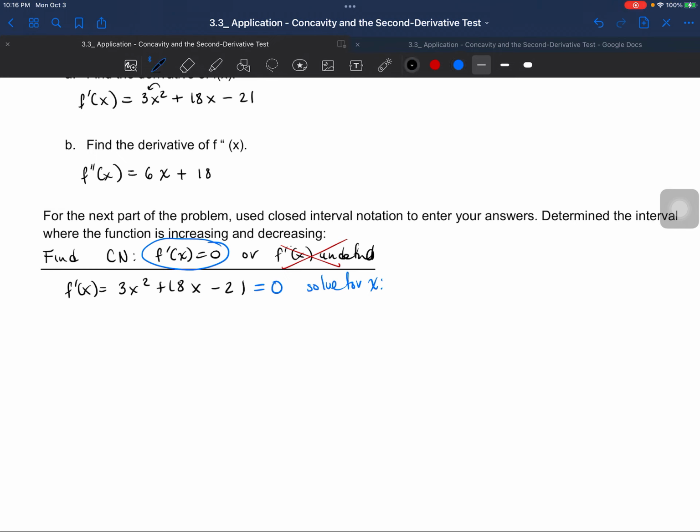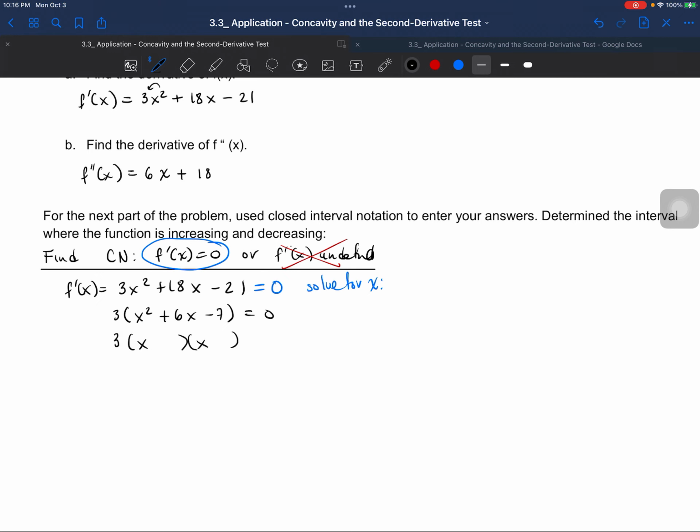All right, so let's go ahead and do that. Since we're going to solve for x and this is a quadratic, we know that we have to factor this out first and factor all the way.